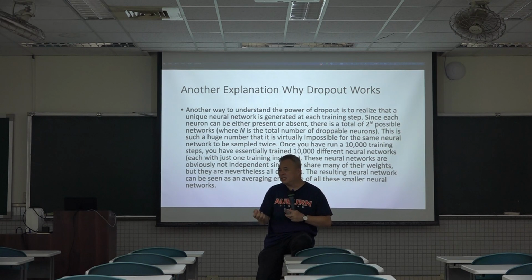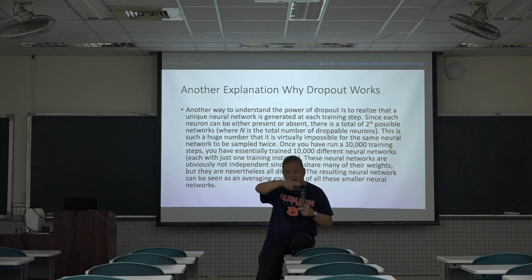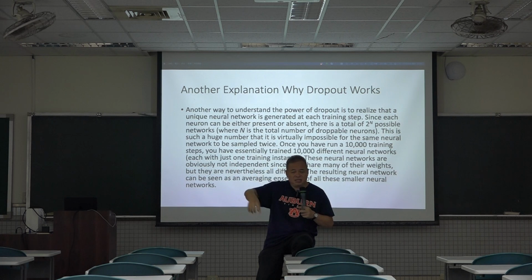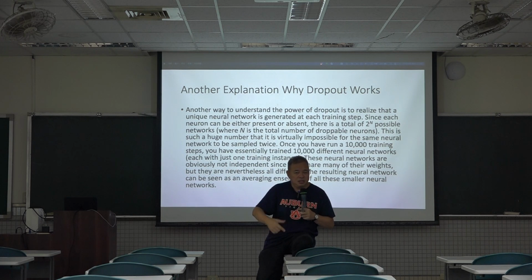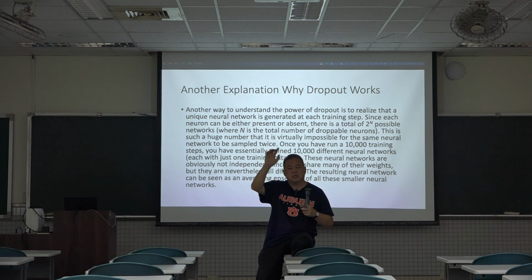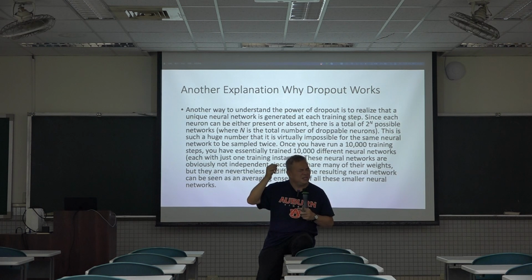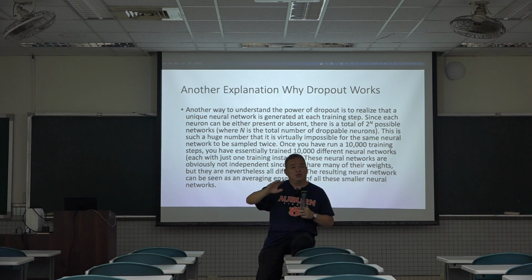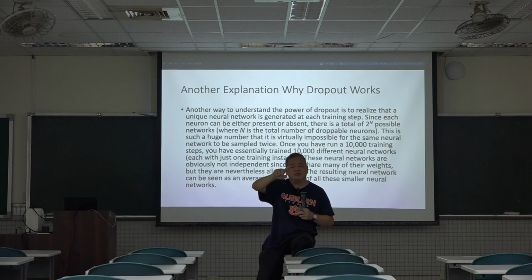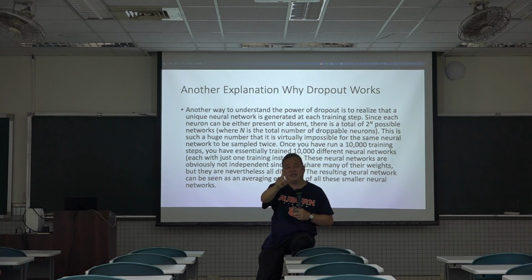It's nothing. So if dropout is applied, and you train this neural network 1,000 times, it pretty much means that you are training 1,000 different neural networks, each time for 1 iteration.